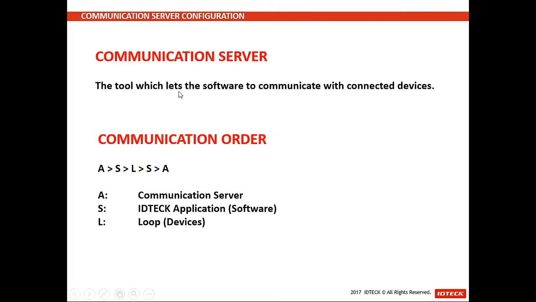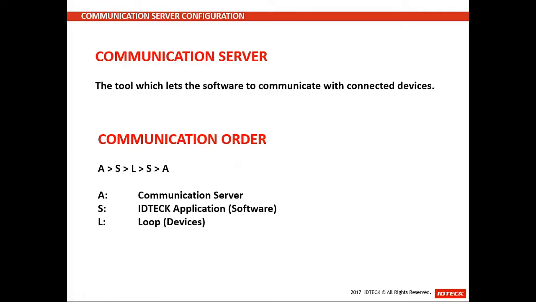Communication server is a tool which lets the software communicate with all connected devices. How does it do that? The communication actually goes in this order: A, S, L, S, A. A stands for the communication server. S stands for IDTECK application, which is our software eventually. And L, the loop. We call it loop. However, it means the devices.